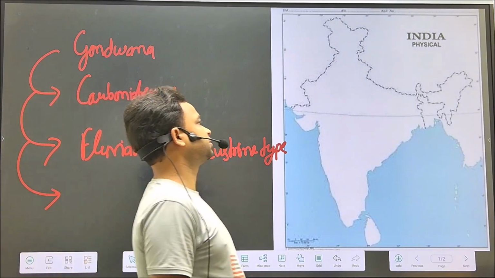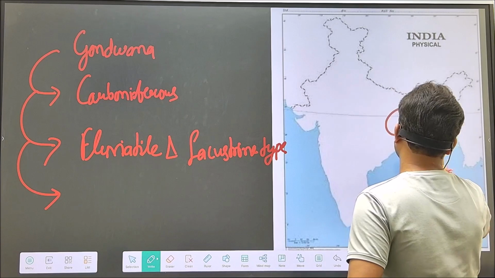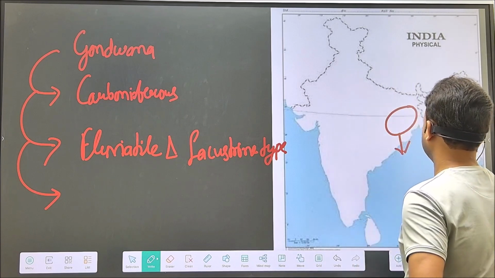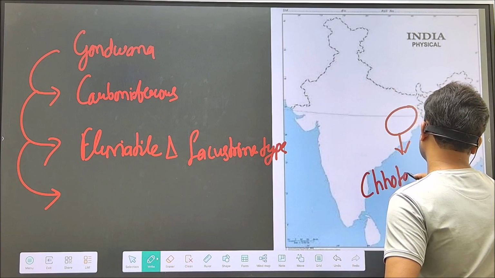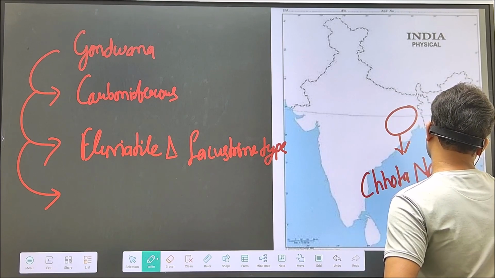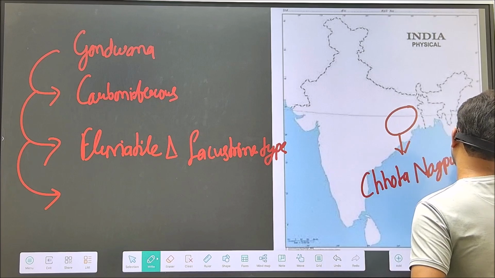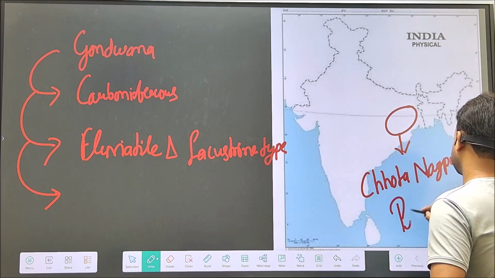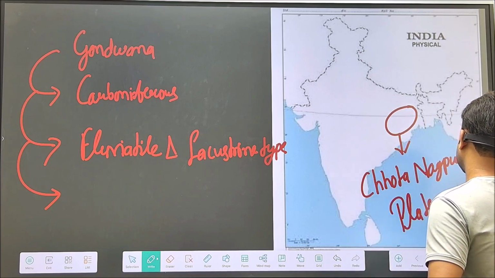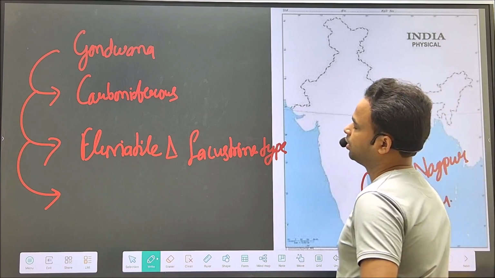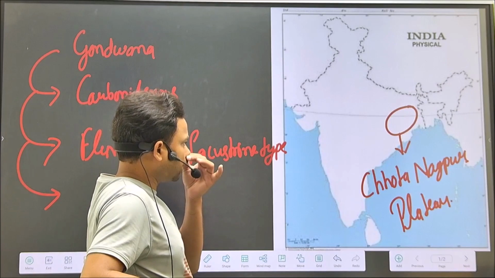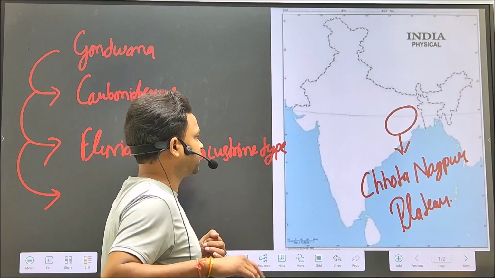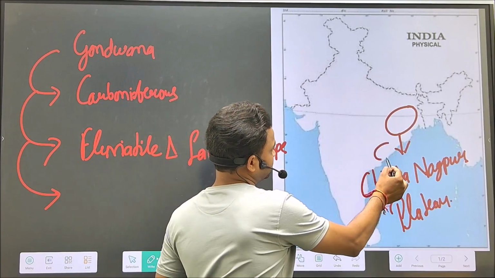Gondwana land is distributed majorly in the Chota Nagpur Plateau. Apart from Chota Nagpur Plateau, it is stretched into Talcher.